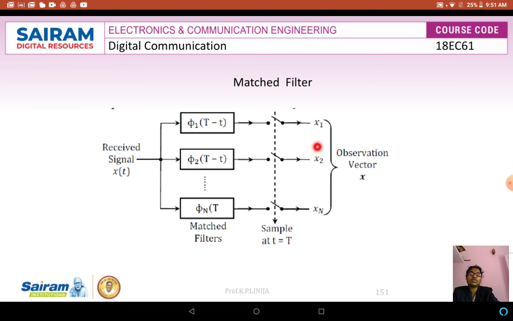So x1, x2, up to xN is called the observation vector x.